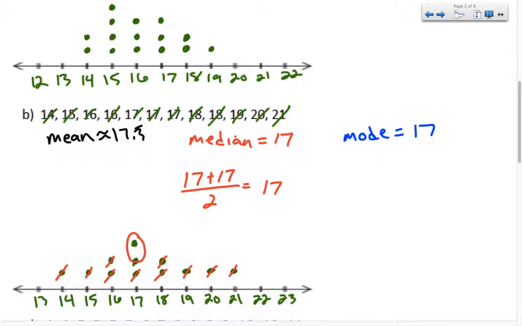Now, just to kind of start to prep you for what we're going to be doing next week, we found that our, let's see here, 1, 2, 3, 4, 5. So our median then falls right in here. Next week we're going to be finding this middle number and this middle number.